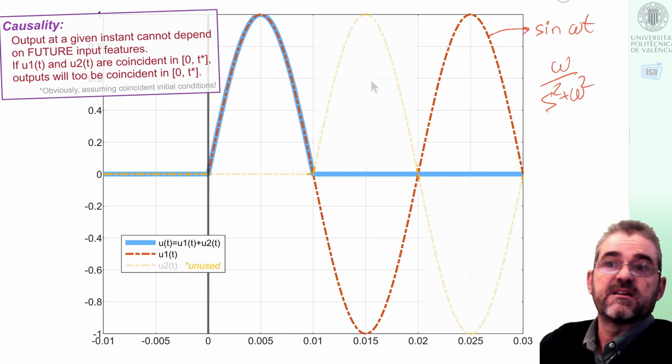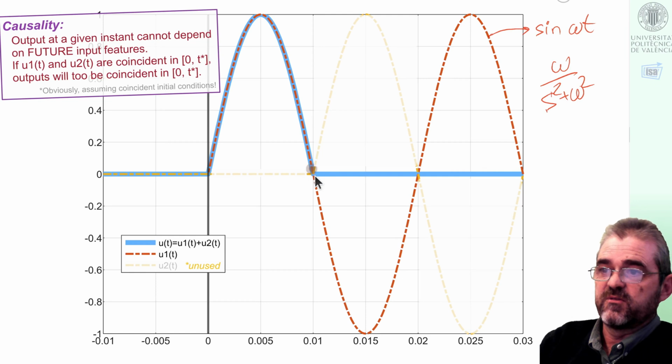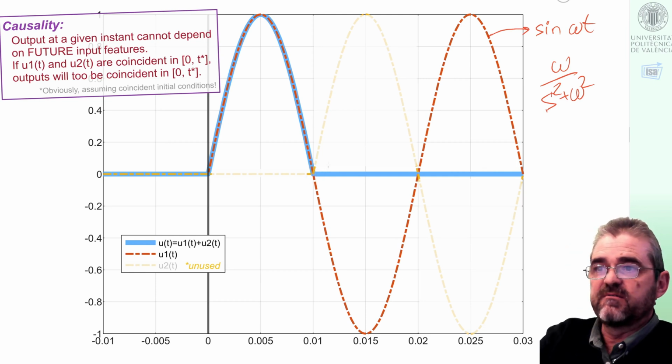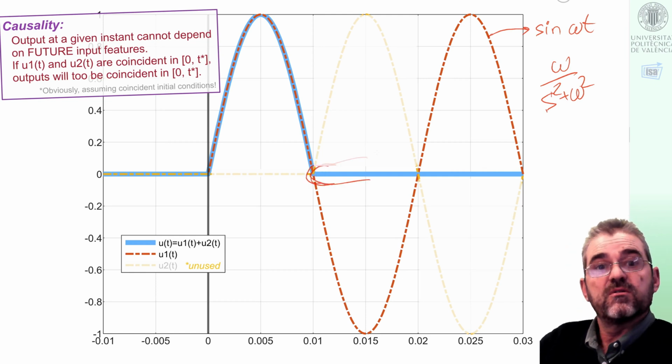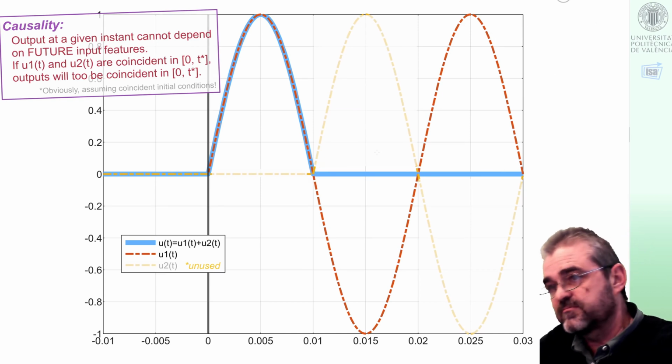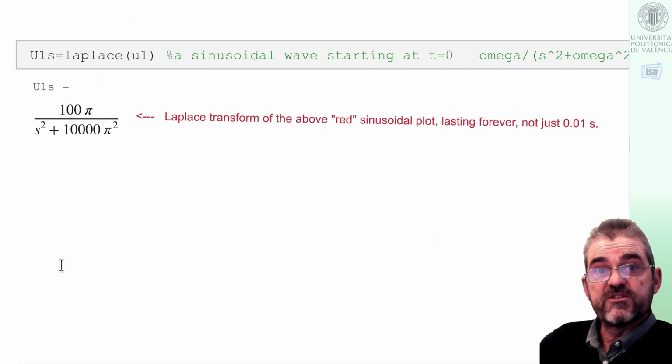So this is the basic idea. Once we get to this instant, we will reset the clock and think about a zero input and some initial conditions. So we will just use U(s), the Laplace transform of the sinusoid, in our developments.